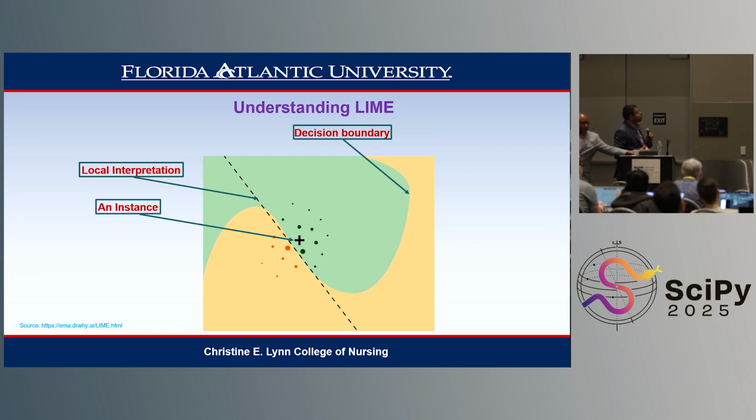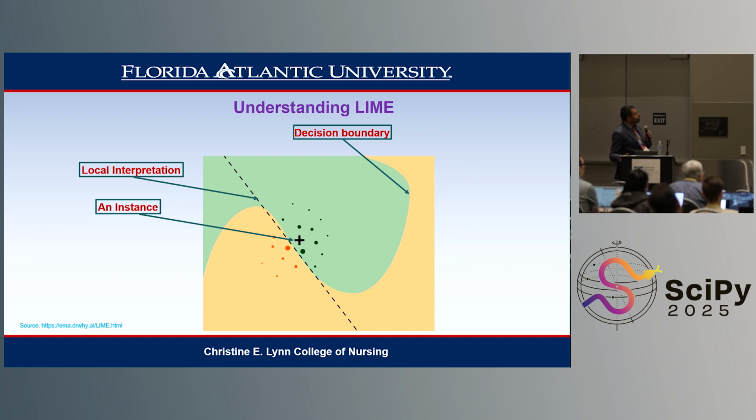So we are looking into another model-agnostic method. Over here, LIME is a very local model. Let's say you want to explain the plus, which is highlighted over here, that particular instance: how the model decides whether it's a positive class or a negative class.